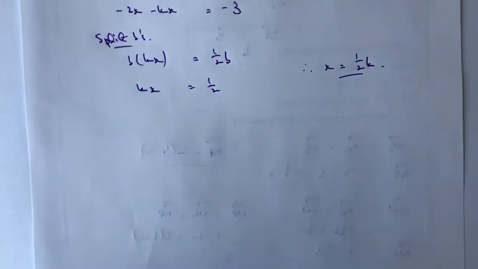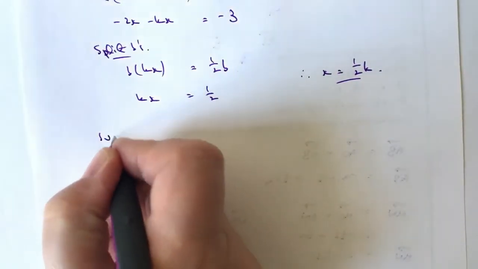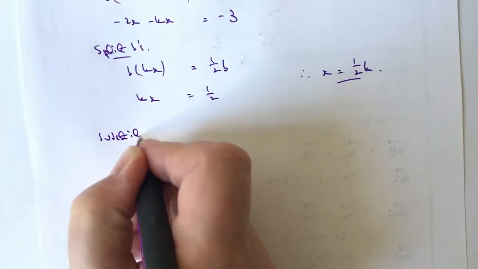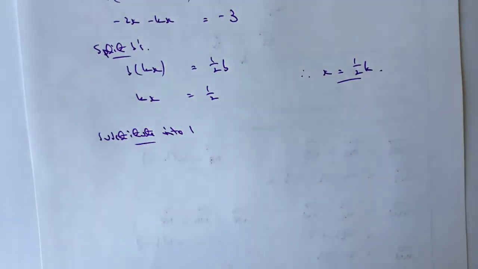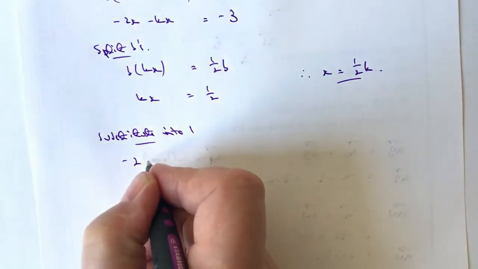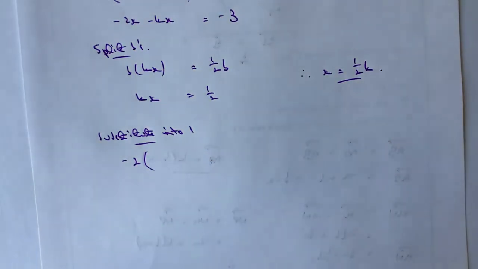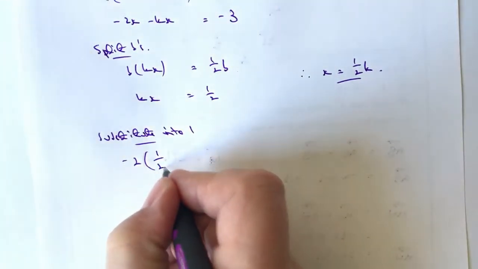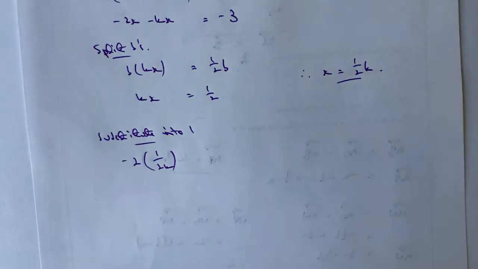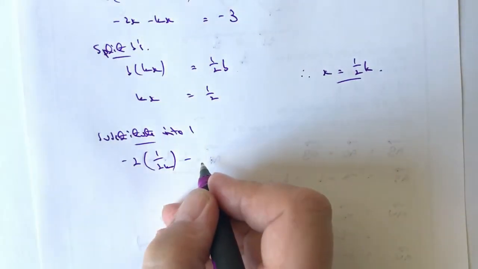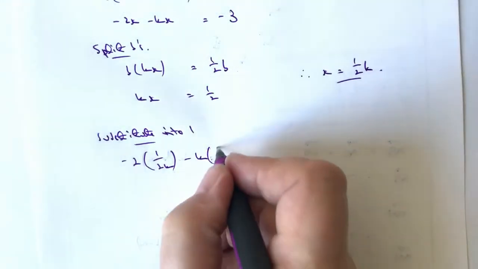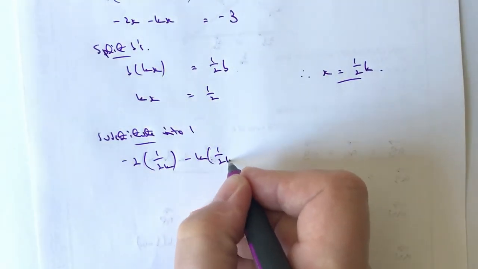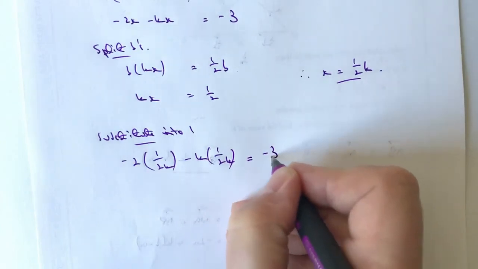So I'm going to substitute into 1. If I substitute into 1, I'm going to write that as minus 2, and rather than writing x, I'm going to write 1 over 2k. Then I've got minus k, and rather than writing x, I'm going to write 1 over 2k, and that equals minus 3.